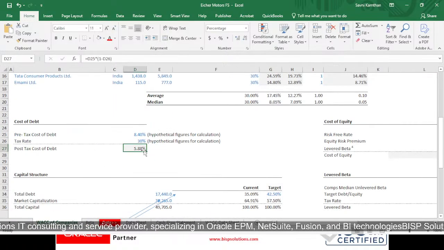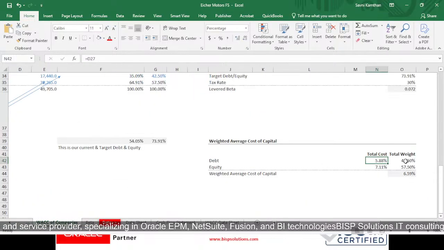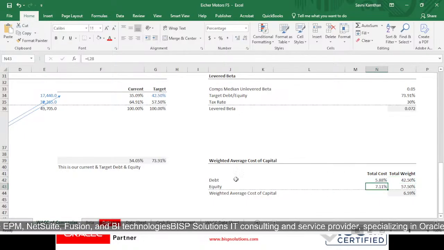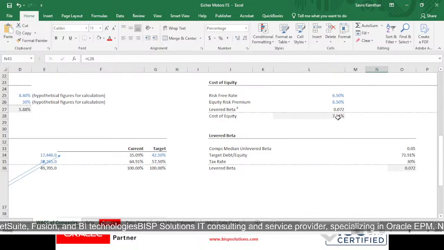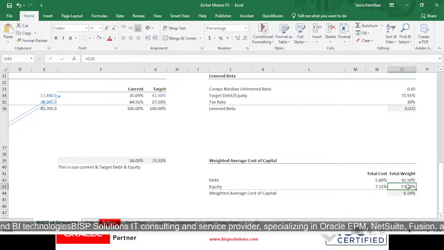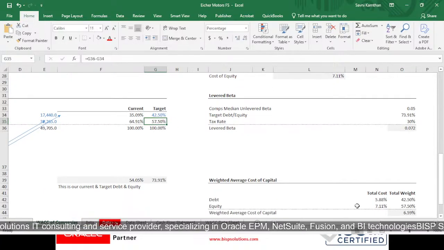So I am getting my debt from my post-tax cost of debt, which is 5.88%, and my total weight, which is 42.50. I have already taken the target debt, which is a hypothetical situation, so I have linked it with that. Then it is asking me equity, so I have taken my cost of equity over here, and the total weight of my equity, which I have taken from my target one, right?